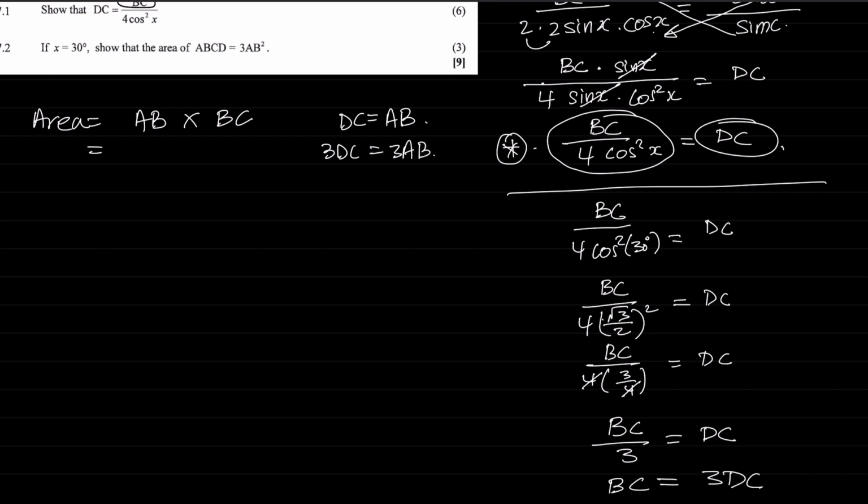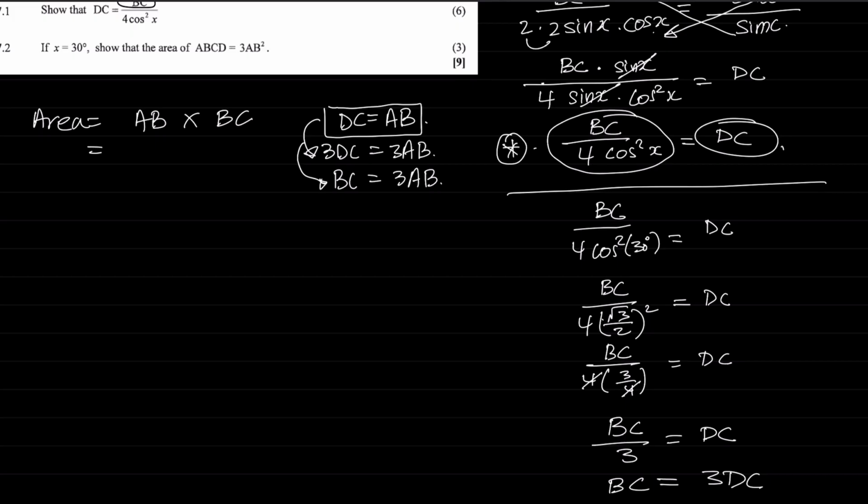That means BC is going to equal 3AB. Yeah, there we go. And I think we get it. So what I've done here is I've said that DC is equal to AB. That means 3DC will equal 3AB. And then from there, we can say that BC is going to equal 3AB.